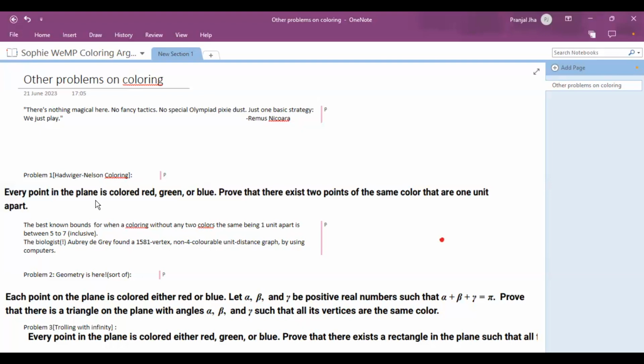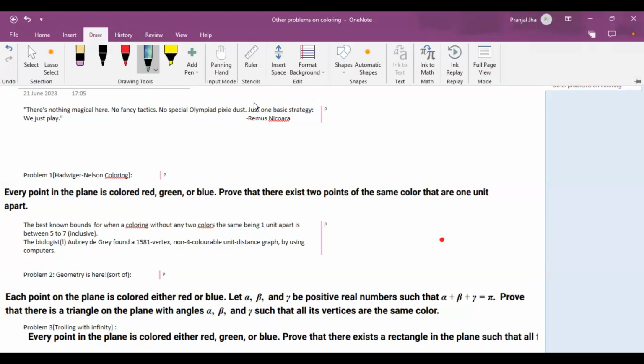The natural thing to do here is to proceed with contradiction, because what we do is assume that there don't exist 2 points of the same color that are 1 unit apart, and that is equivalent to saying that any 2 points which are 1 unit apart are of different colors, right? Does everyone see how that works? Okay, everyone is following.